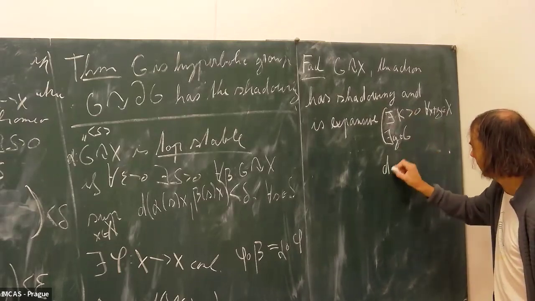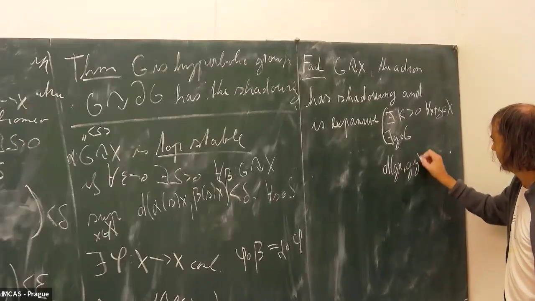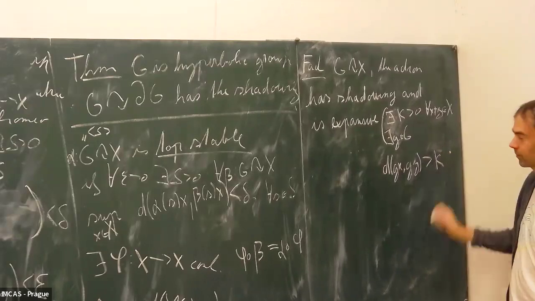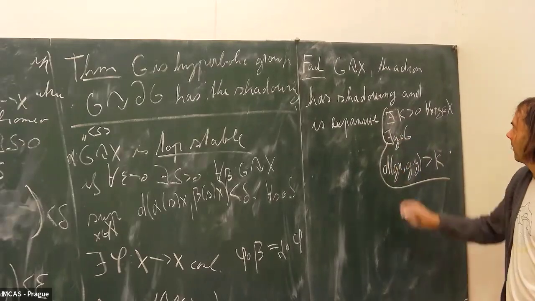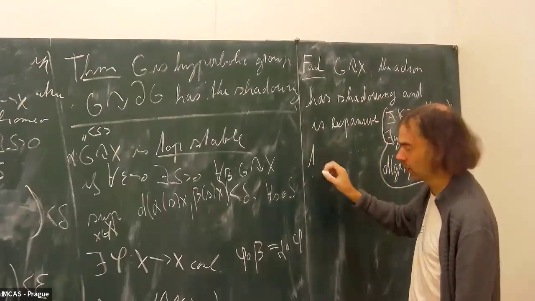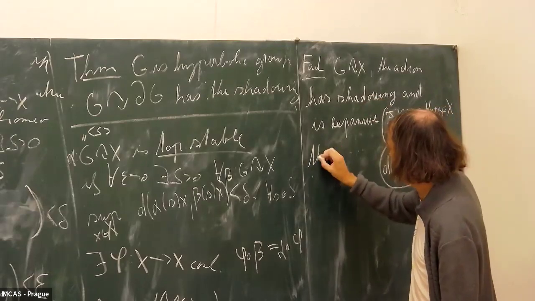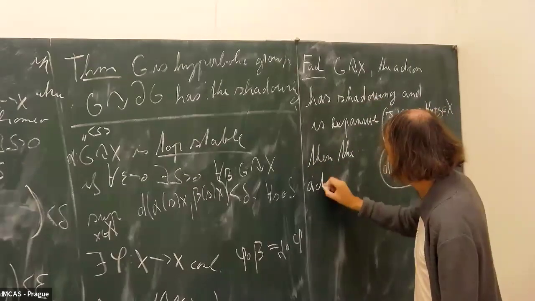So the distance between gx and gy is bigger than k. So this is expansivity. When you have shadowing and expansivity, then you have topological stability.